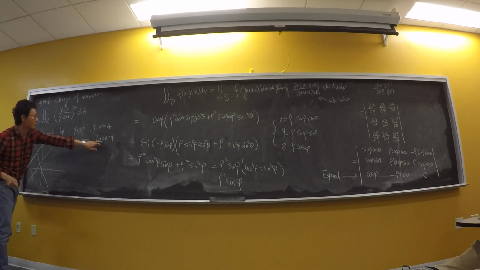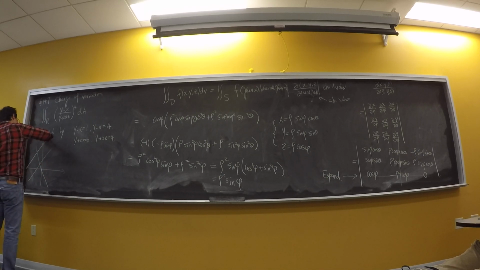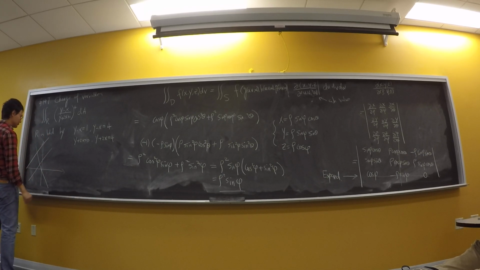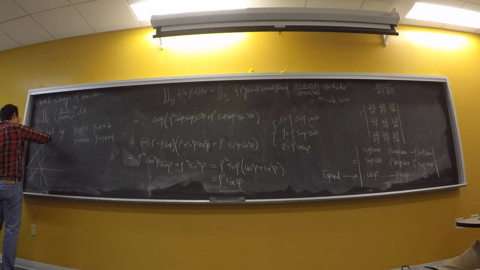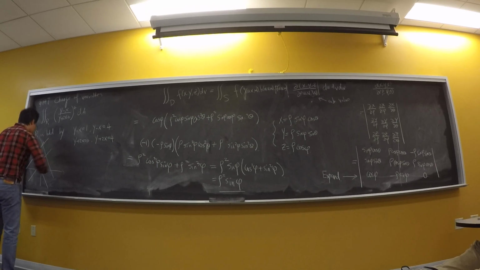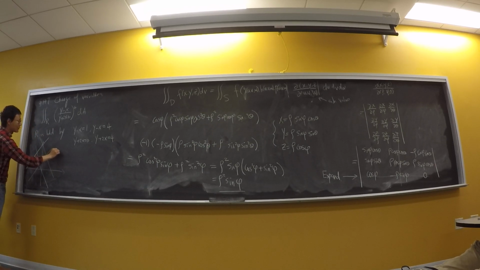And then this is minus 2x plus 4, so this is going to be the 1, 4. Okay? So this is y minus x is equal to 1, y minus x is equal to 4.